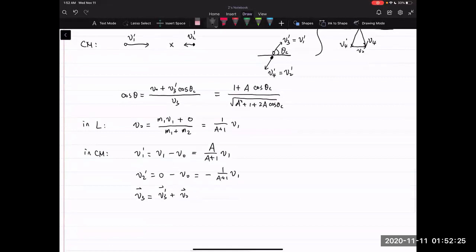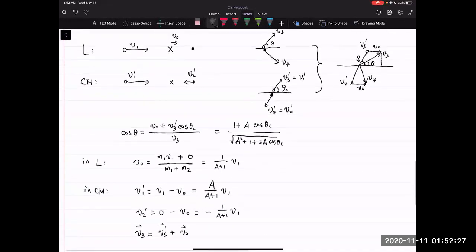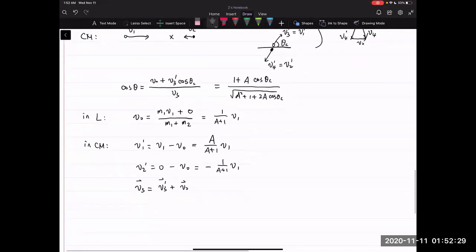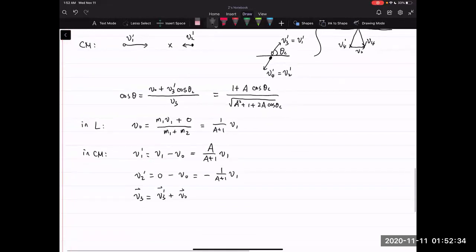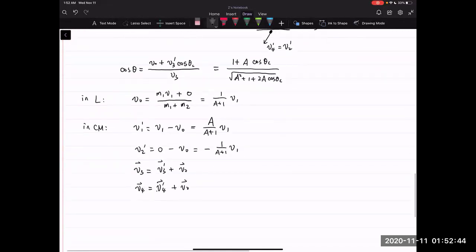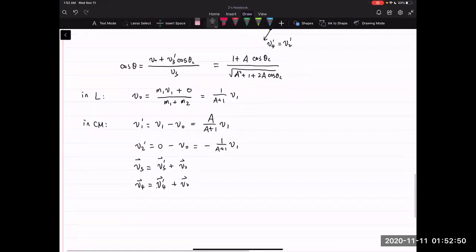So V3 is this. Same thing: what is V4? V4 will be equal to V4 prime plus V naught. Now you can put in the angles and find out what V3 squared is. So that's cosine theta.